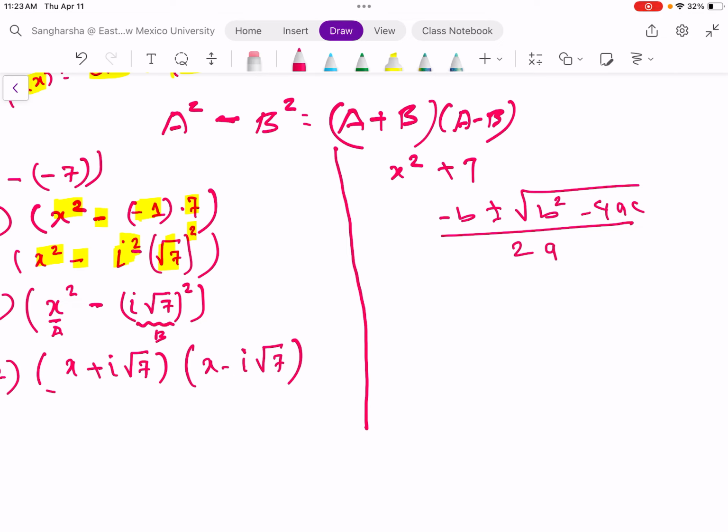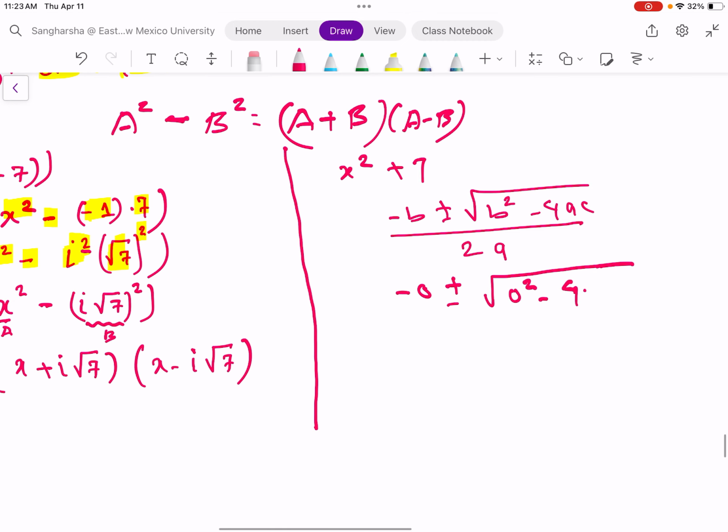So what is b here? B is the coefficient of x, but we don't have an x term, so it is 0. So we have negative 0 plus or minus the square root of 0 squared minus 4 times a, which is 1, times c, which is 7, right?